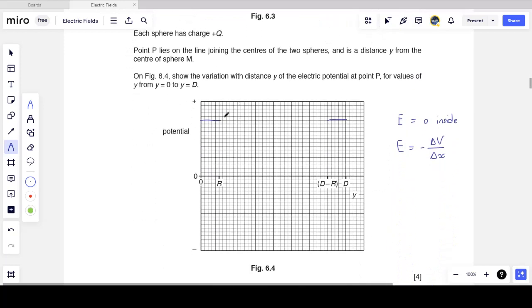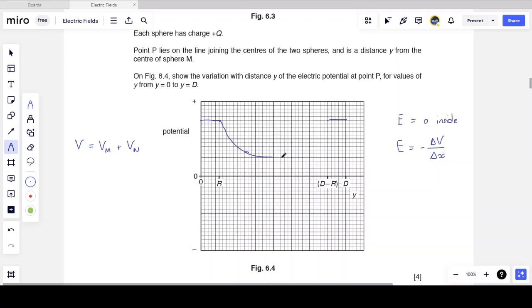So what we get is a total, and remember the total potential at any point is the potential of M plus the potential of N. Both are positive, so the total potential will be positive. And it drops off with distance. And so as we go from M towards N, we get this graph to drop as a hyperbola would. So it's a curve, and the gradient should always be negative.